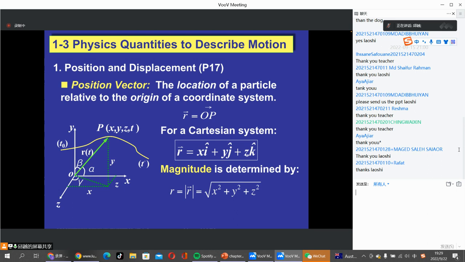We have analyzed it in the last class. R, the magnitude of vector R, equals root x squared plus y squared plus z squared.